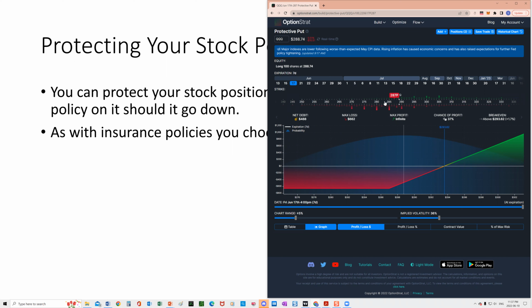So what you're saying is, okay, I own this at $288.74, and if the price drops, I want to be protected. So what you could do is, it would cost you $488 to buy the 287 put for next Friday. But that means that if it goes below 287, you're pretty much protected. So your max loss would only be 662, as opposed to not doing this.